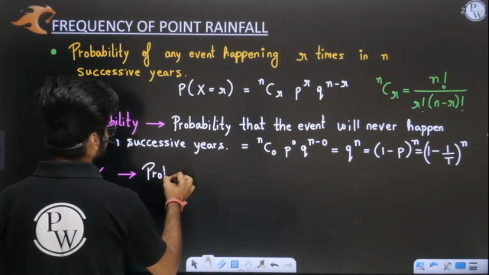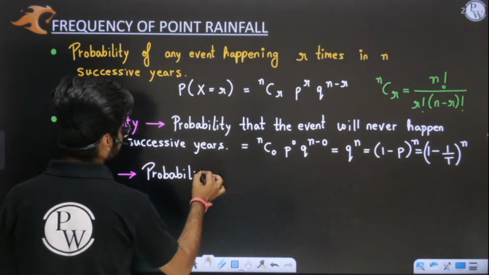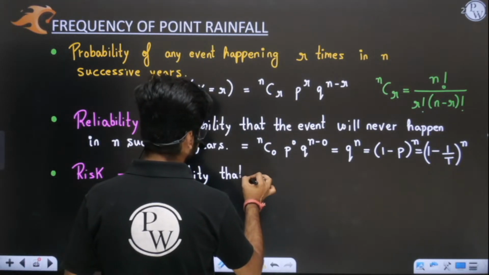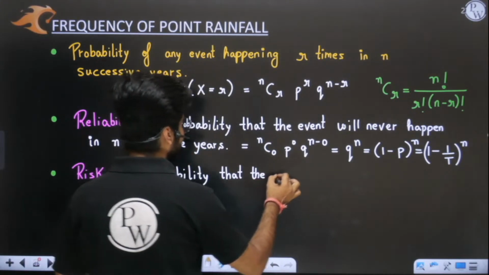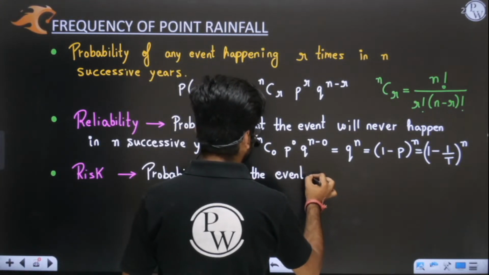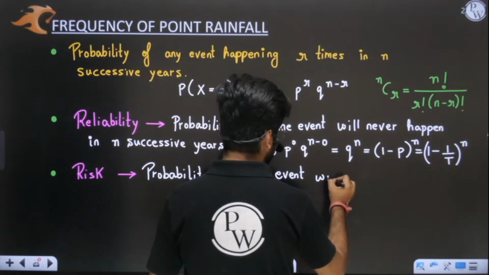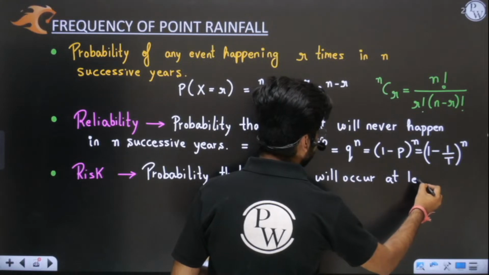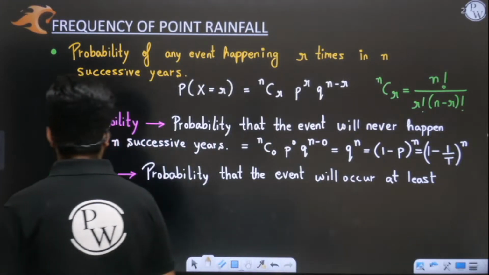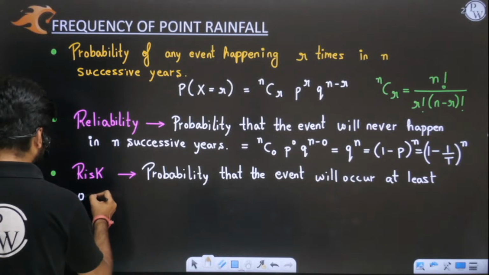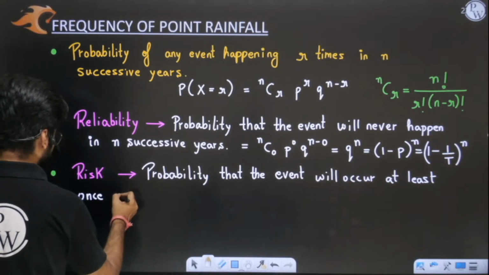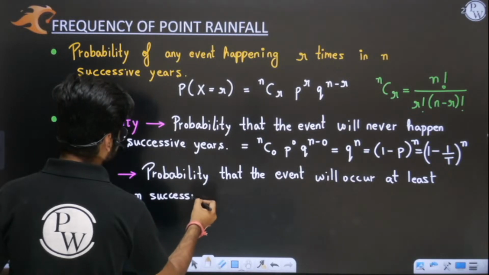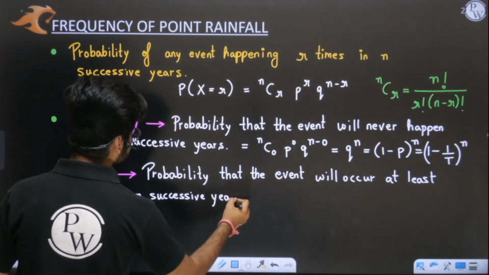Risk is the probability that the event will occur at least once in n successive years.